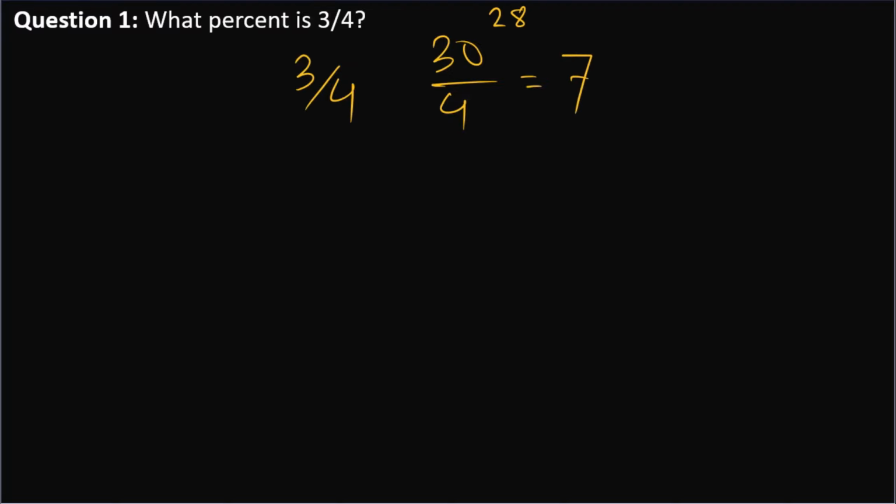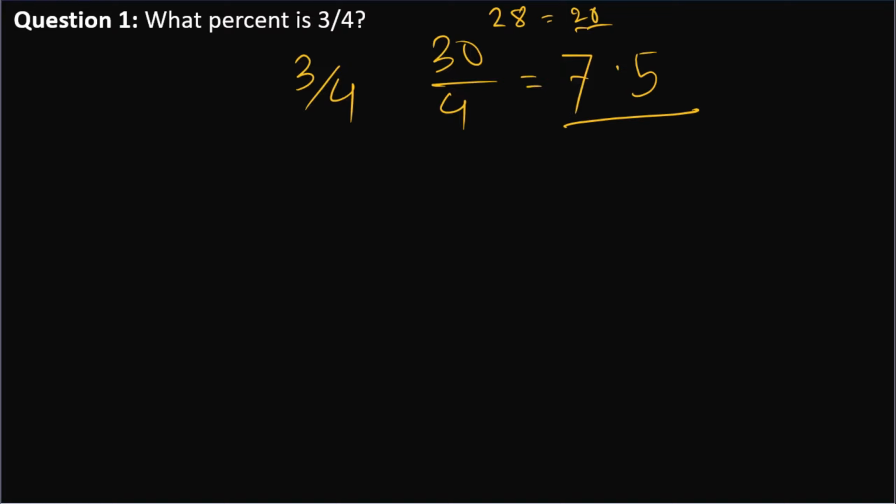So 30 minus 28 equals 2. Then you take a point and a 0, and 4 will go over 20, it's 5 times, so 0.75.